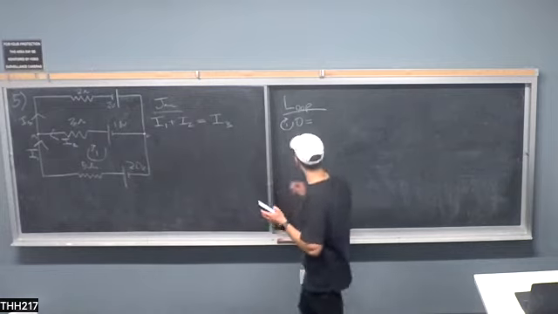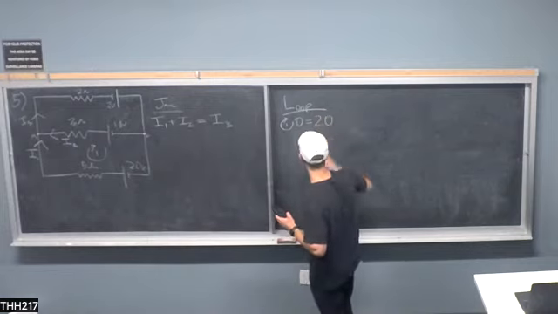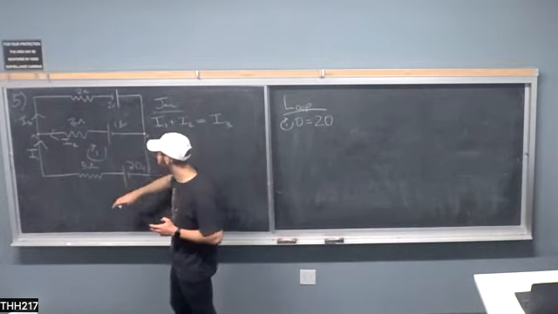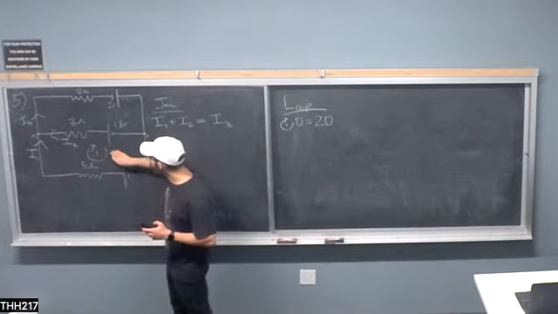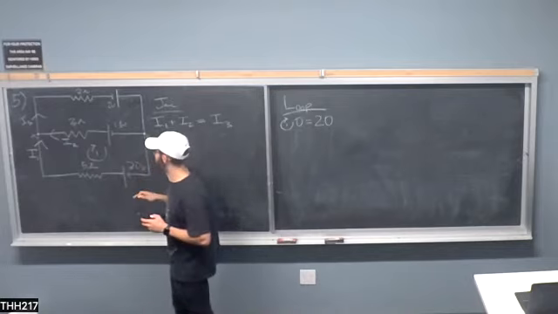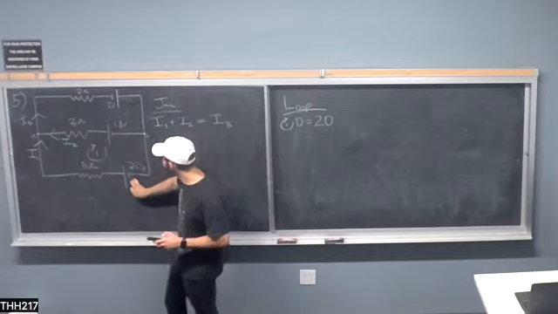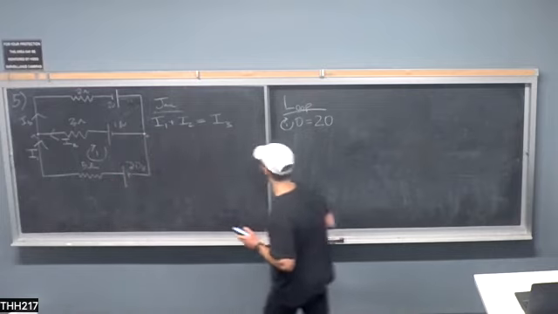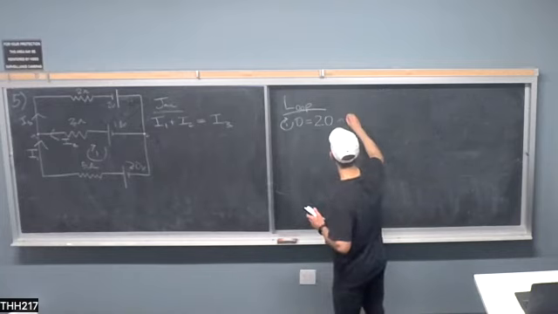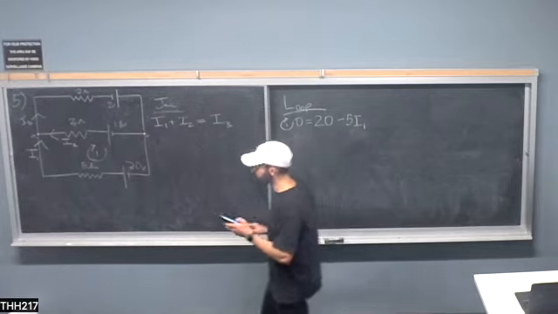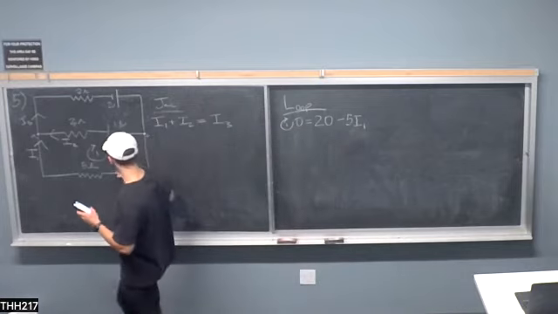Therefore, positive 20 volts. What's after this 20-volt battery? It's this 5 ohm resistor. The current and the loop are the same direction. Therefore, it's minus 5 I1. With the battery, it's plus when they're the same direction, but with the resistor, it's minus when they're the same direction. So minus 5 I1.